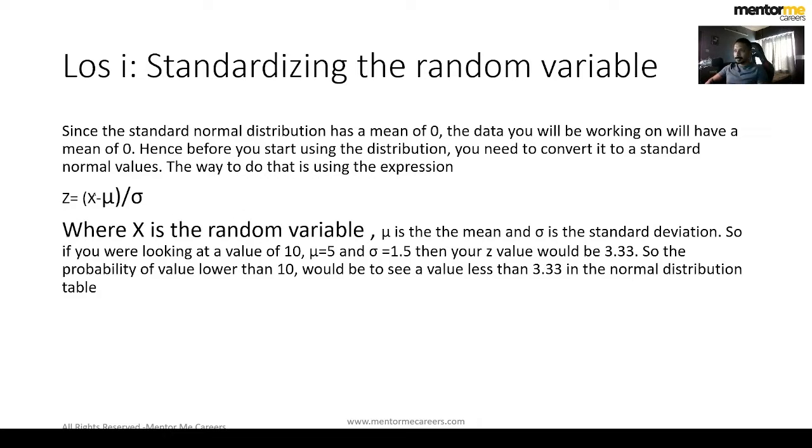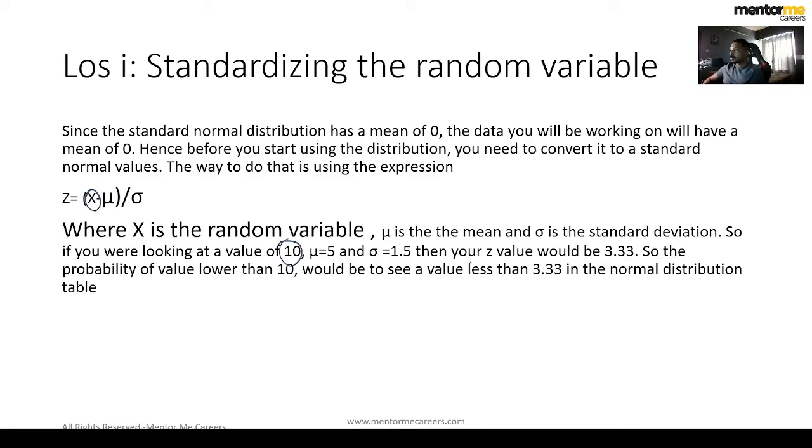What you're trying to do is, whatever value you're dealing with, where x is the random variable, mu is the mean, and sigma is the standard deviation. Let's say you had a value of 10 and you wanted to find out the probability or the location of that data. So what would you do?